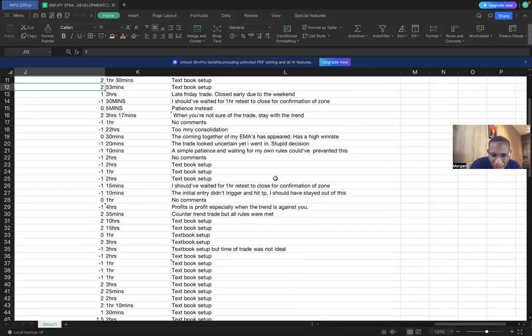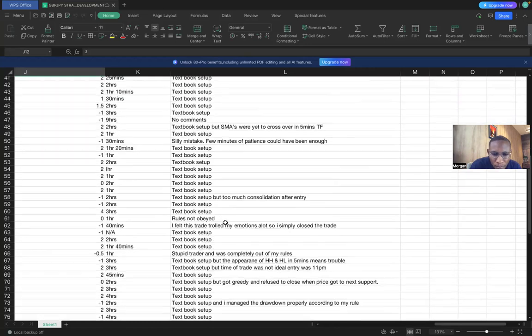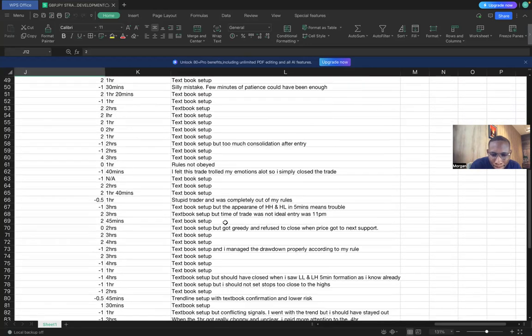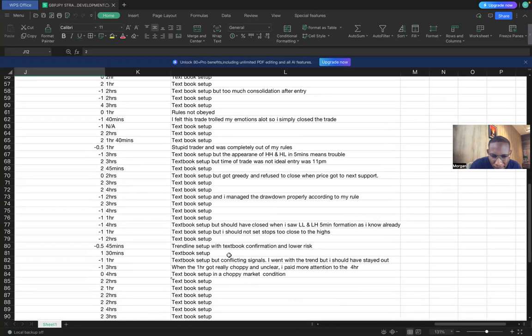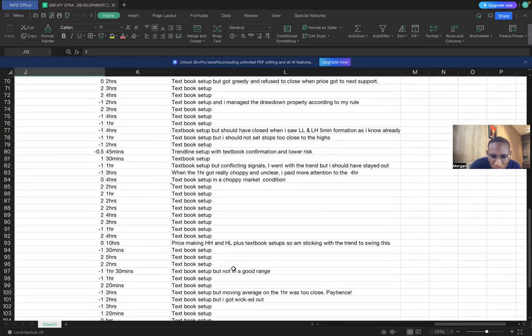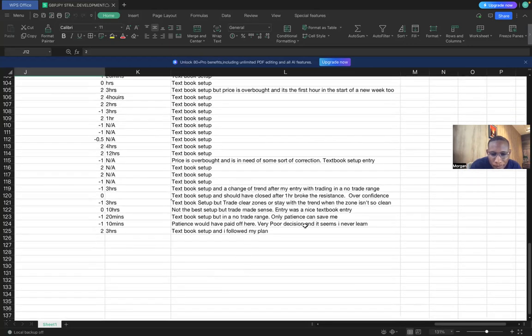Let me look for where I say a bad thing about myself as well. Textbook setup, but got greedy and refused to close when price got to the next support. Let me find another comment. At least just showing you me being honest about a trade that I took. See where I said textbook setup, but in a no trade range.